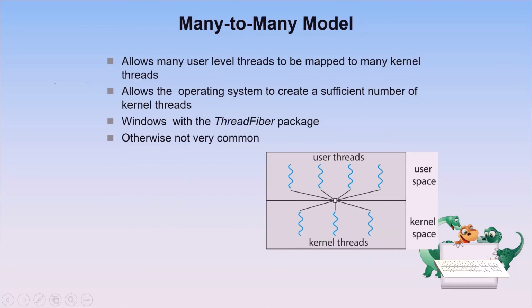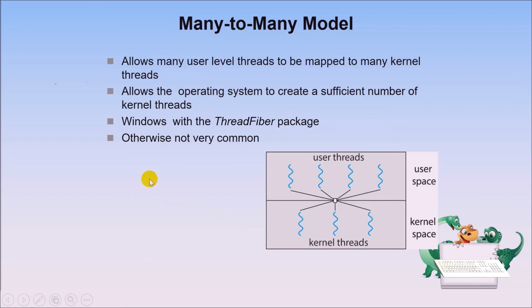Next would be the many-to-many model. The many-to-many model multiplexes any number of user threads onto an equal or smaller number of kernel threads, combining the best features of the one-to-one and many-to-one models.